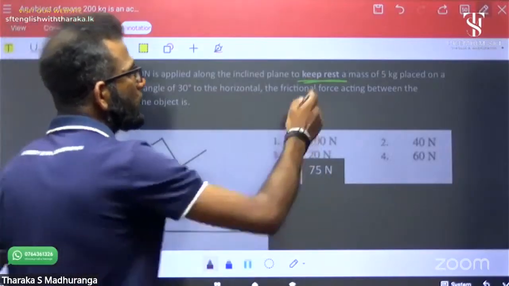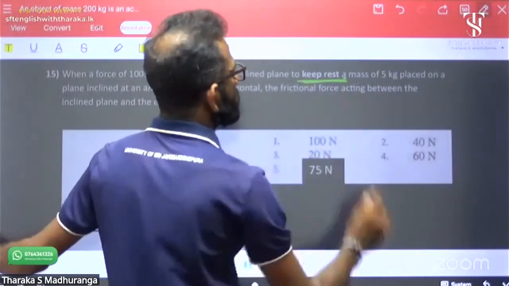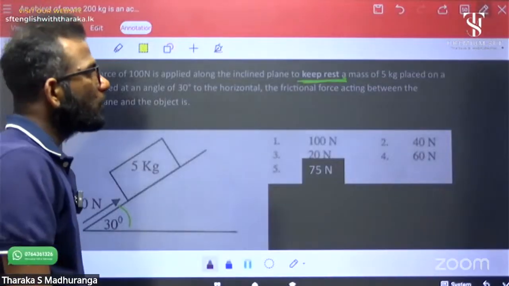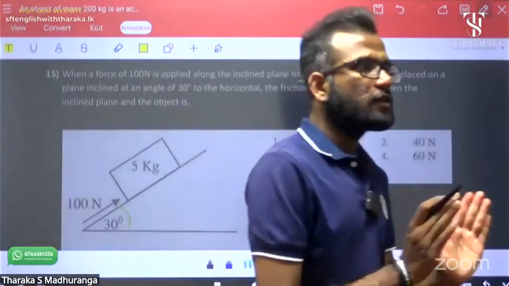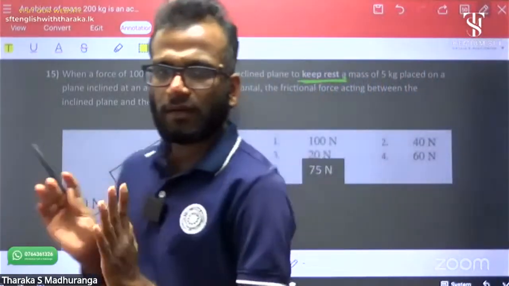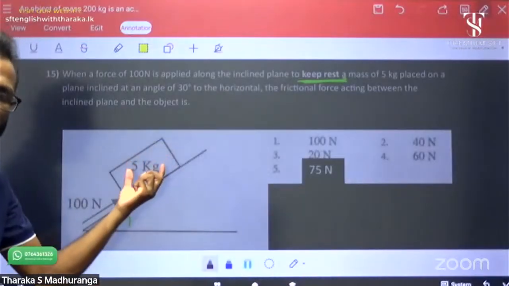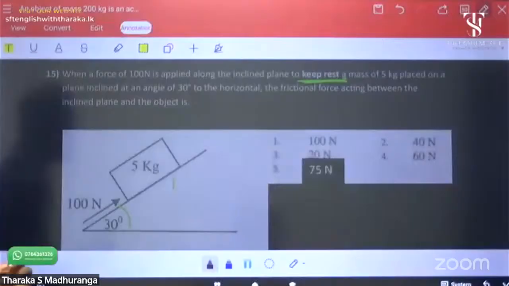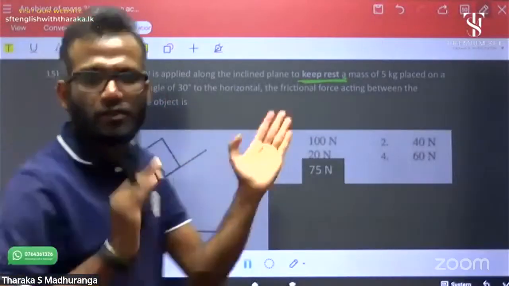Inclined plane to keep the rest. Keep rest. Okay, if it is kept at rest, what is the requirement? If it is at rest, that means it is not moving. What is the requirement? Sarmya, what is the requirement? It should be balanced or unbalanced?